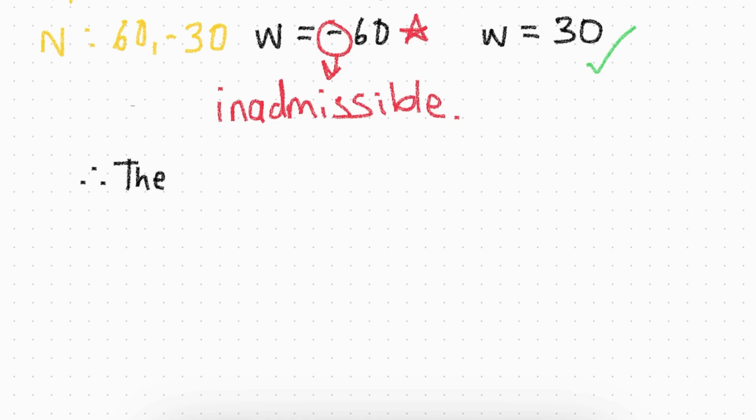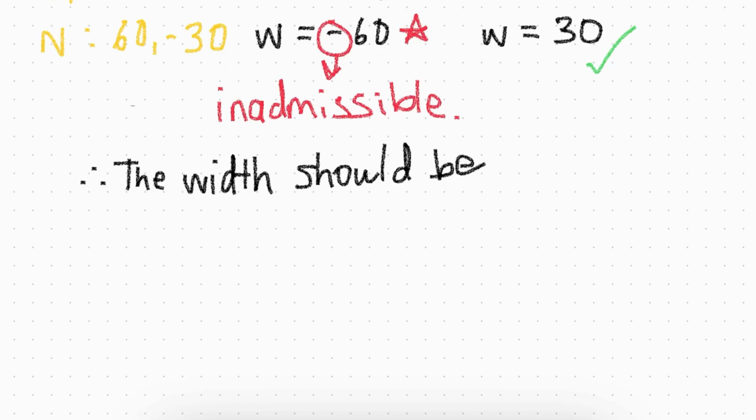We can make our therefore statement, because now we do know the dimensions of the rink. So for the width, therefore the width should be, and we've solved for it straight above, 30 meters.